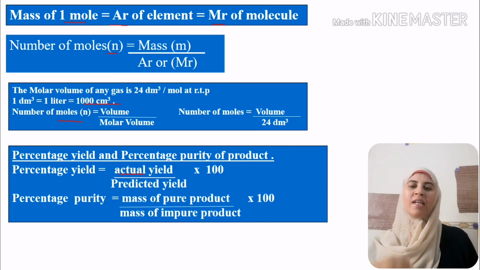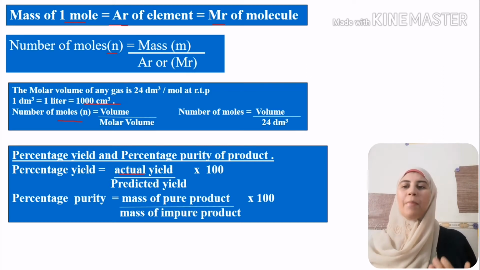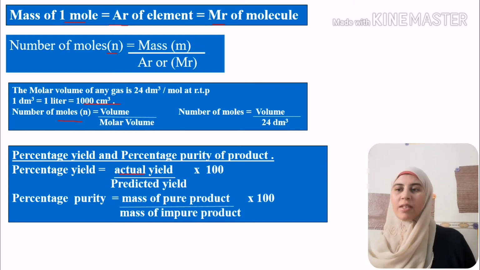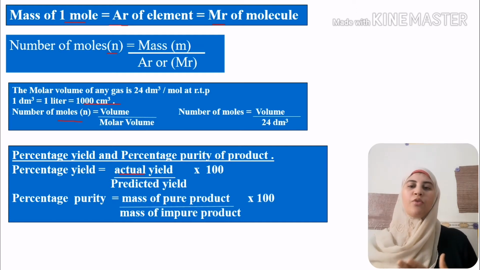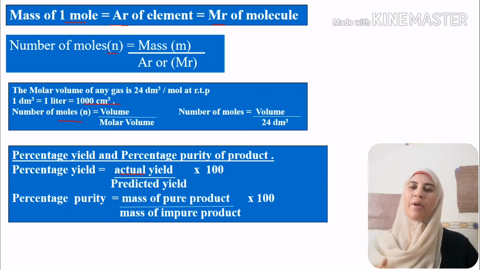Percentage purity equals mass of pure product divided by mass of impure product times 100. You will know it more and more by answering questions.